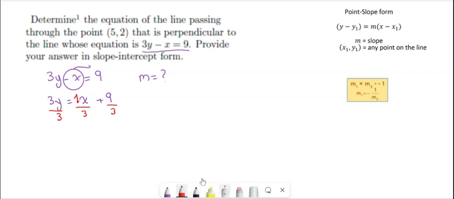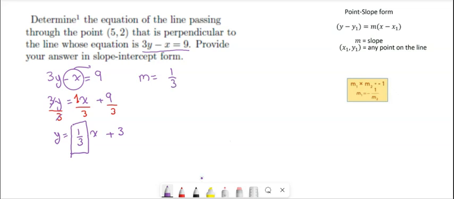So my equation will become y, the 3 here and 3 here cancel out, equals 1 over 3 times x plus 9 over 3, which is 3. The only important information from here is the 1/3. So I'm gonna put m equals 1 over 3.